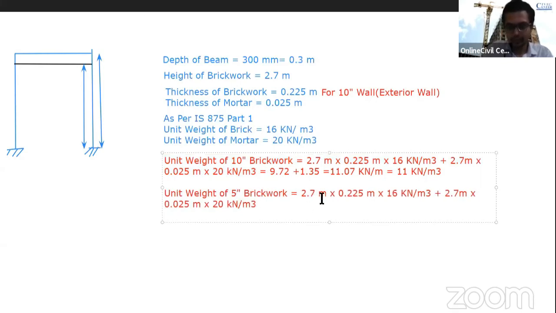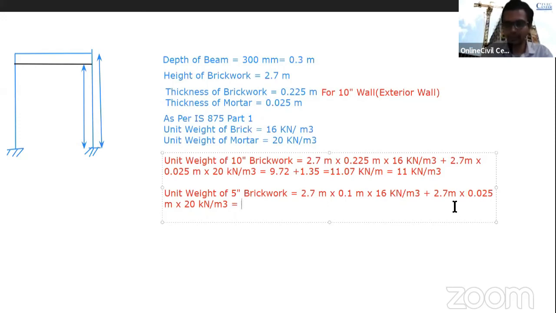Now this particular height will be the same, and this thing will be reduced. So 5-inch basically means 125 mm, the half of 250 mm. So if we go for 125 mm, it will be 0.1 here, and this particular thickness will also be less, because the thickness of the plaster will also get reduced here since both are inner faces.